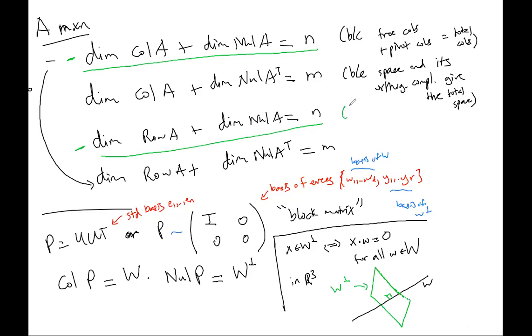The row space of A perp equals the null space of A. Anything orthogonal to the row space is in the null space, and vice versa. And that's why one space is its orthogonal complement. So together they give you the full space. And then you'll just subtract dimension of null A from both sides.